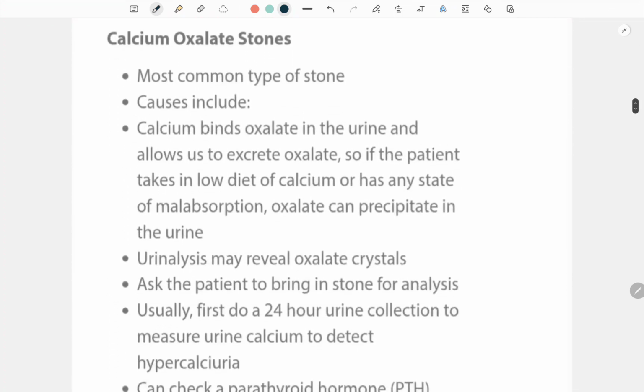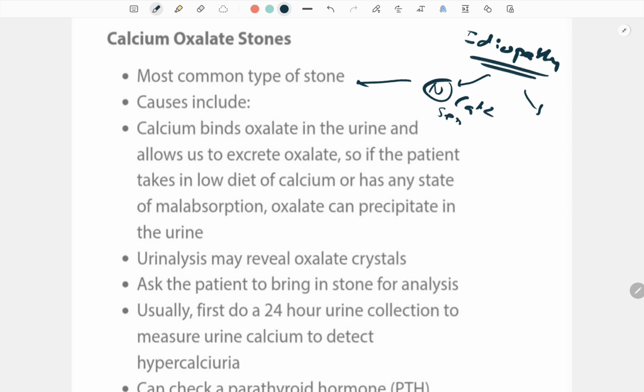Now let's deep dive into the calcium oxalate stone, which is the most common type of stone. There are different causes by which this can happen, but just a side note, if there is an idiopathic kidney stone, just remember that you will have two things: normal calcium level in serum, in blood, and a high calcium level in urine.